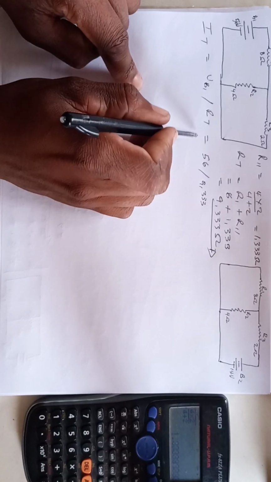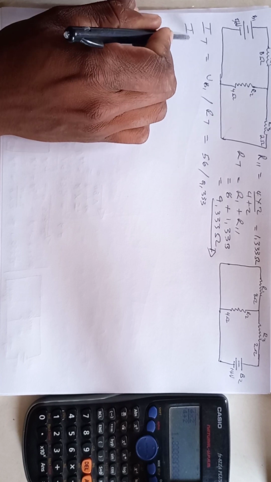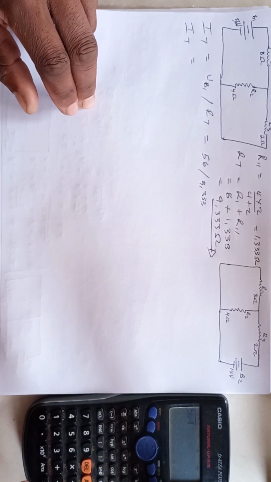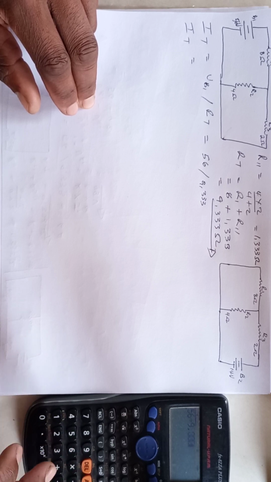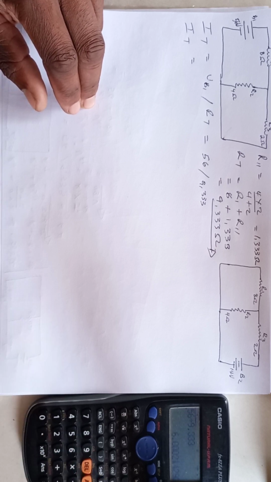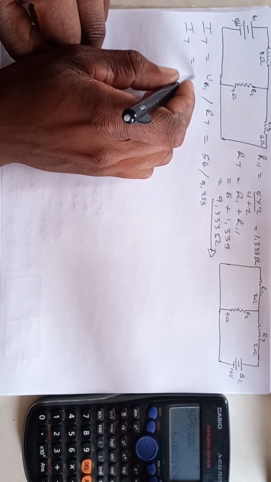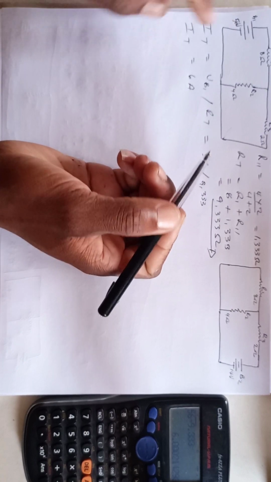Our total current, if we're rounding off to 3 decimal places, is 6 amperes.